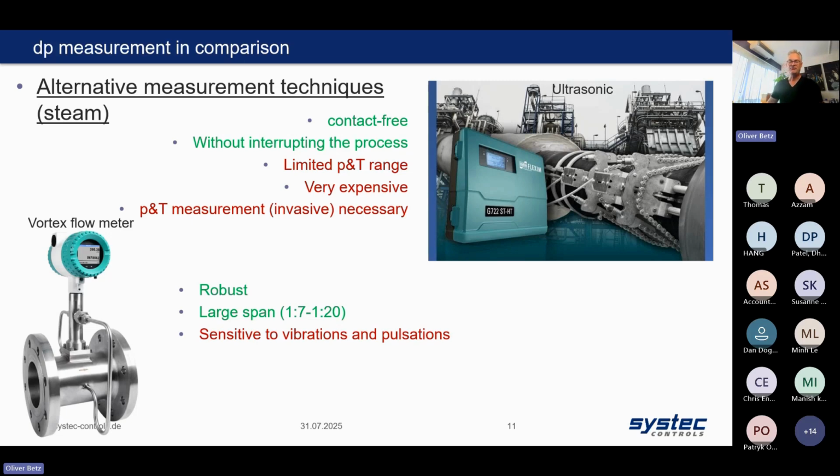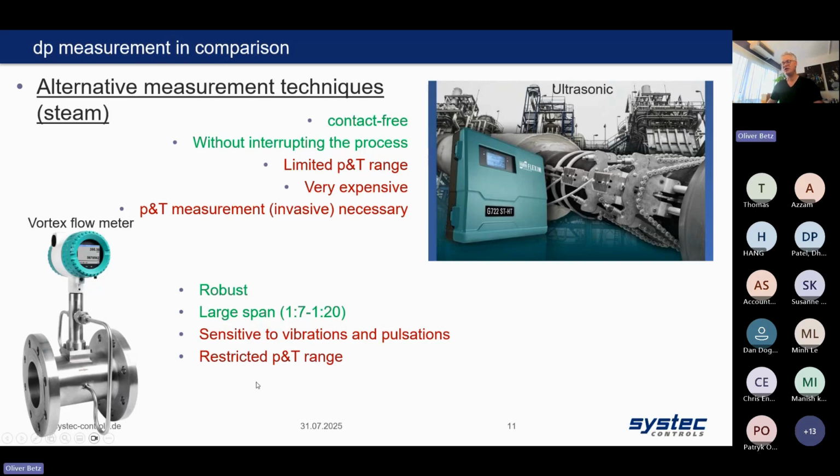The shedding frequency, this Karman vortex street, is in the range of 50 hertz to 500 hertz, which is close to pulsations and machine frequencies. So be careful. Vortex flow meters need to be installed in a quiet environment with low vibrations.